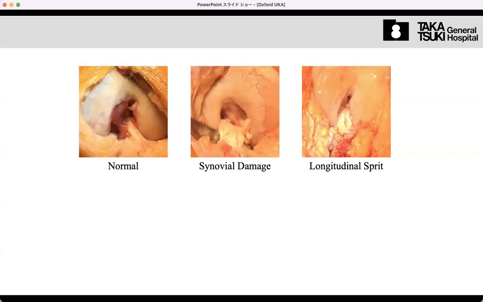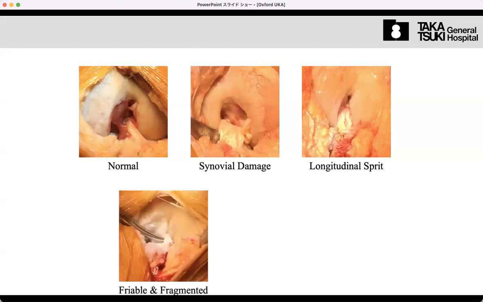And sometimes if you worry about the integrity of the ACL, you can try to draw or hook it intraoperatively and make sure that it works well or not. Anyway, these three categories, we consider these ACLs as functioning.